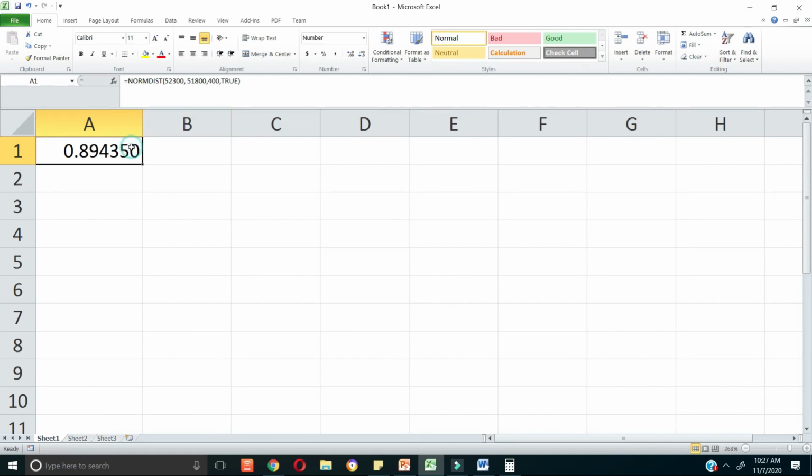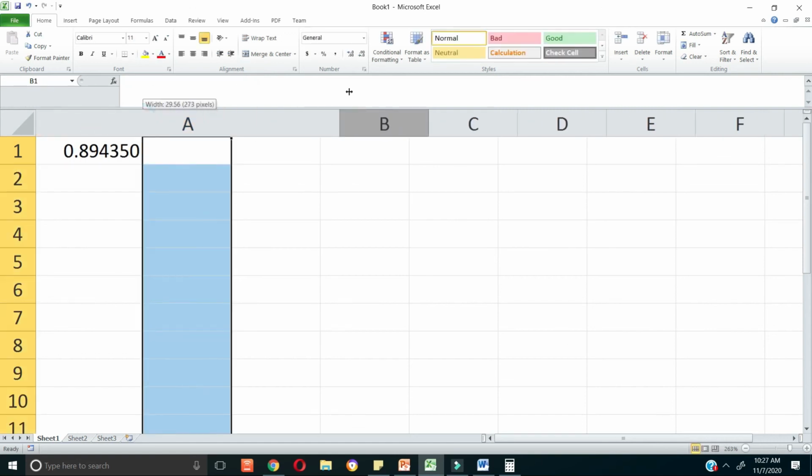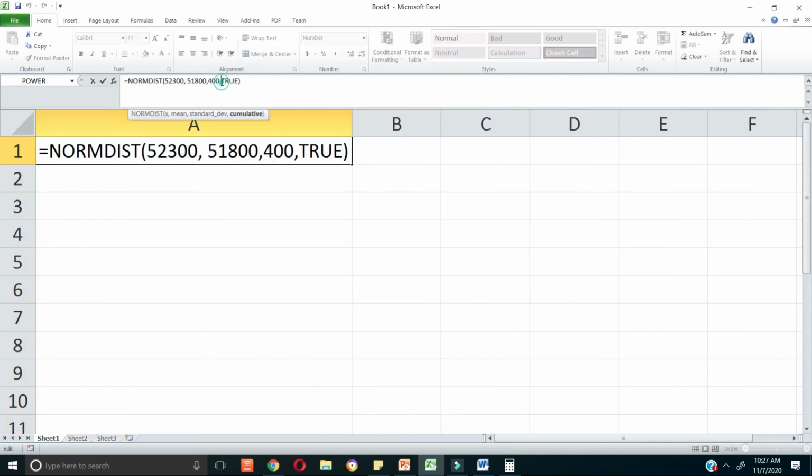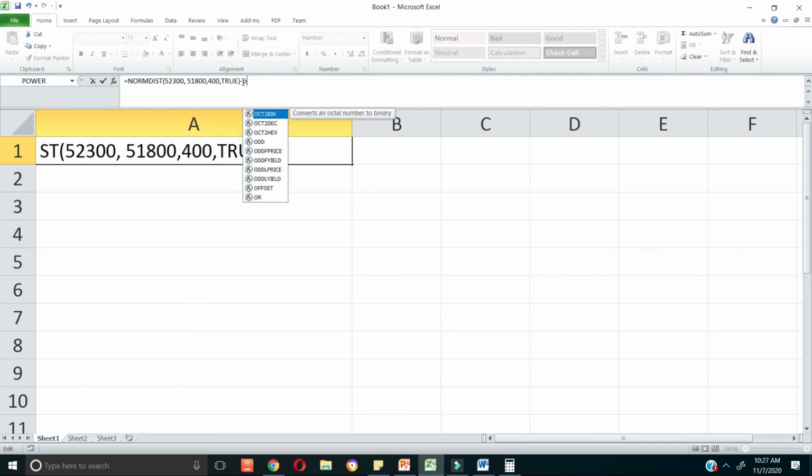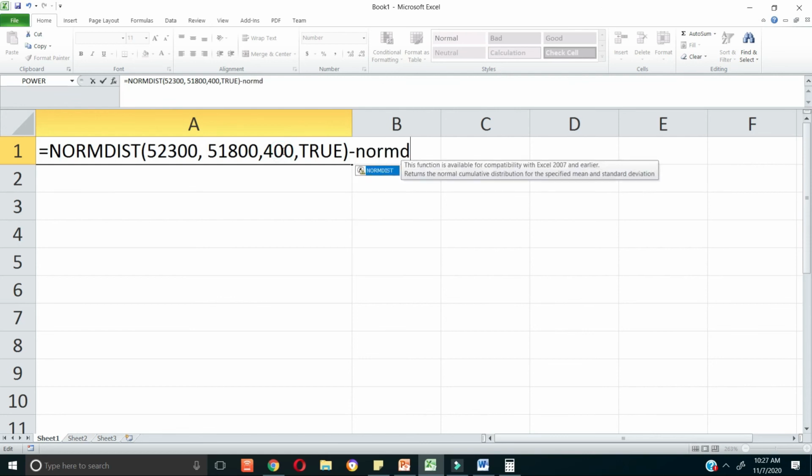And we want to subtract. So let me just extend this formula. We want to subtract the cumulative probability, so we want to subtract NORM.DIST, which is basically the normal distribution, right? Just a minute.